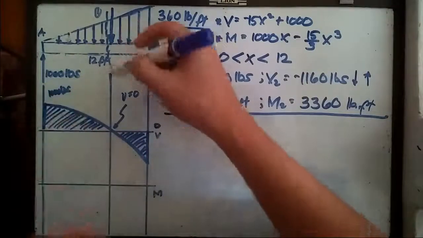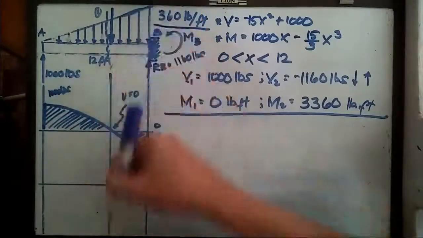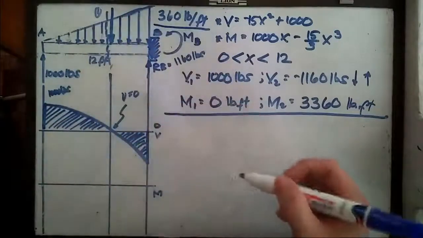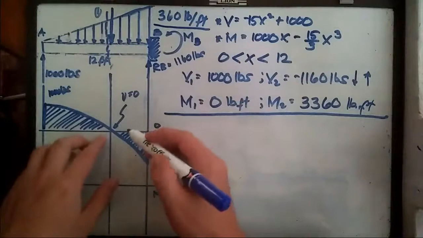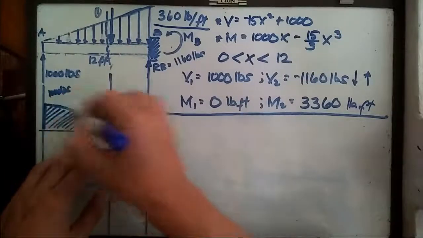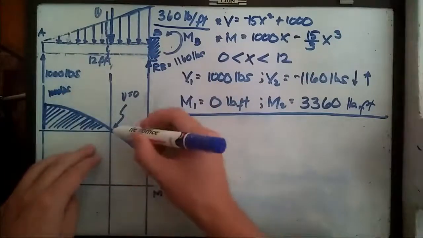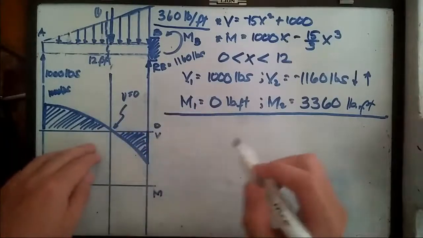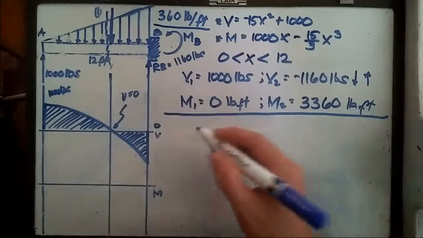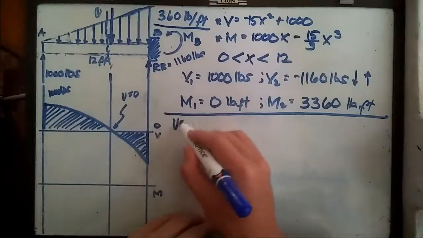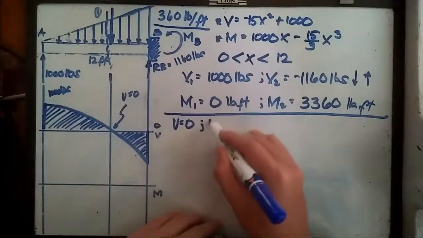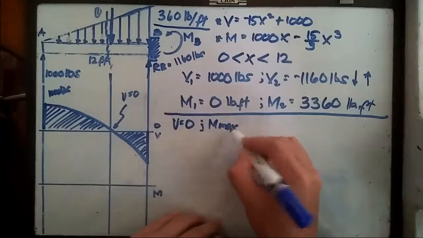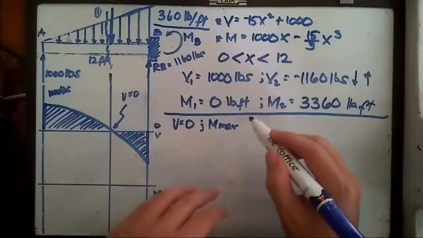Okay, so that's why we have this downward axis in our diagram. And upon the intersection point of the shear diagram and this point, that is the value where V is equal to 0. And according to our previous lessons, if V is equal to 0, that is the point where we can find the maximum bending moment, right?